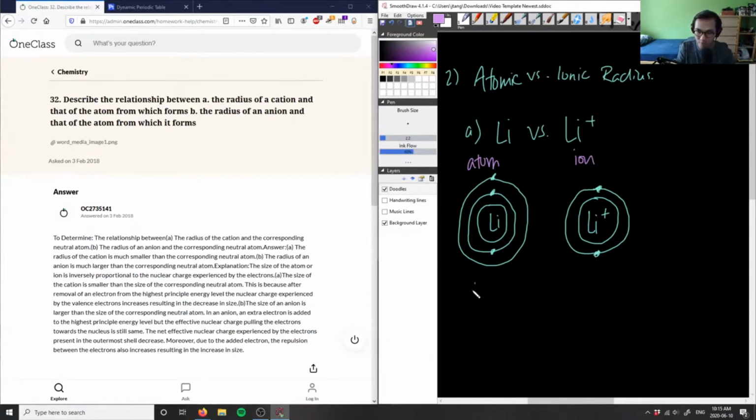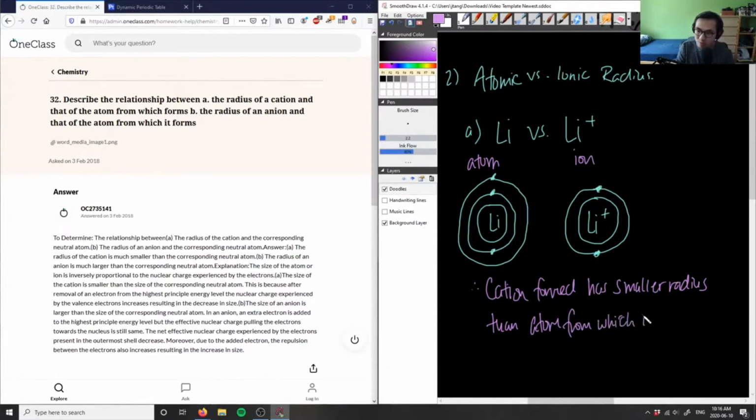Therefore we can say that the cation formed, remember, Li positive here is the cation, has a smaller radius than the atom from which it was formed. So this here is the answer for question 1.